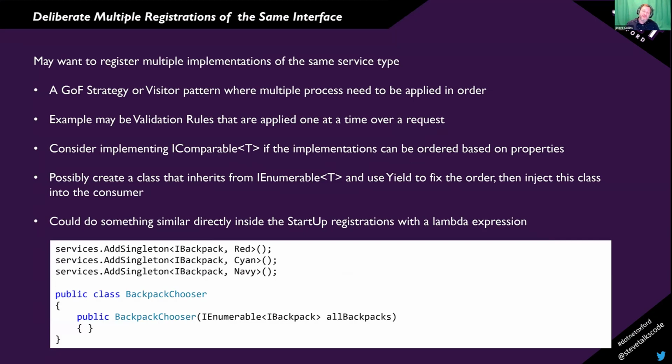So why would you want to register multiple implementations? Typical things might be you're registering validation rules by dependency injection. So you've got 6 or 7 validation rules that all implement an IValidate. You may have something where you're enriching something, and you've got a series of enrichment classes.